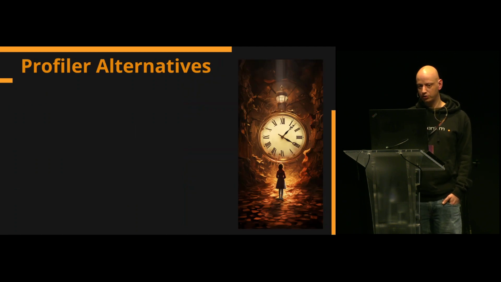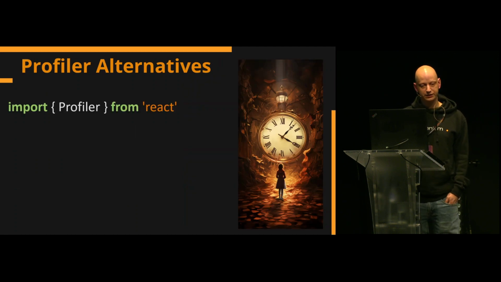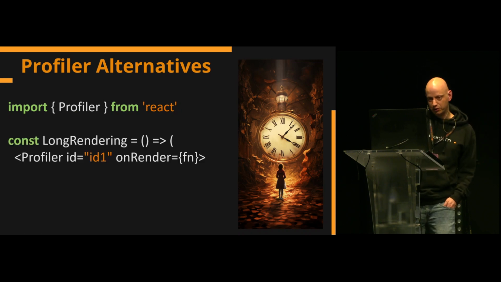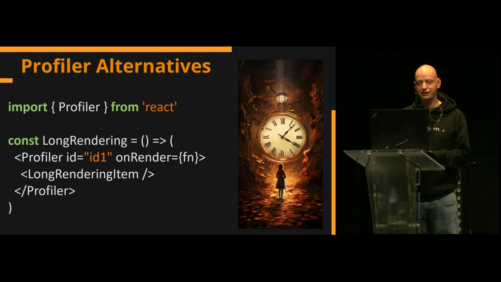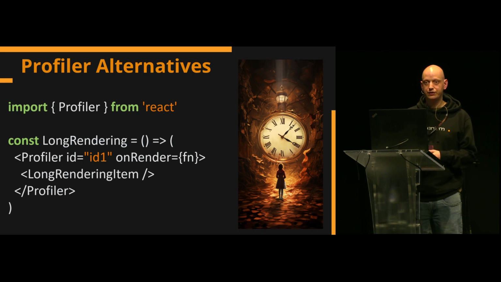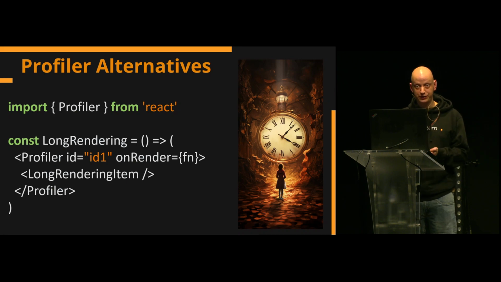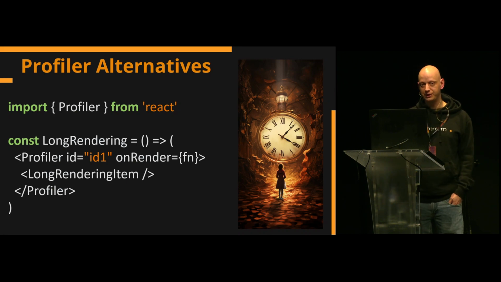There is also a profiler component from React itself. I'm running out of time, so here's the code. You basically wrap one or multiple components with a profiler component, and again, giving it unique IDs. Then you have an onRender function with a callback with about 7 or 8 parameters.